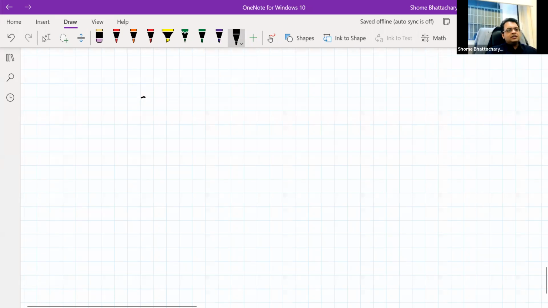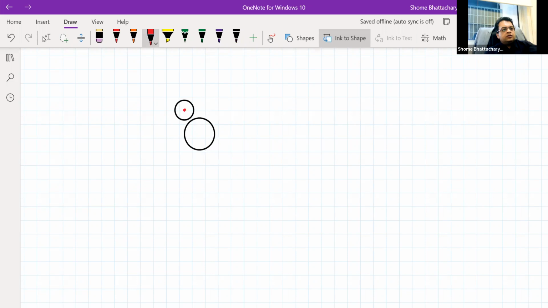So basically what I'm saying is that this initial velocity of A, just before A comes in contact with B, let's say I've broken this velocity into these two components already. So I've broken it into this ux and uy.